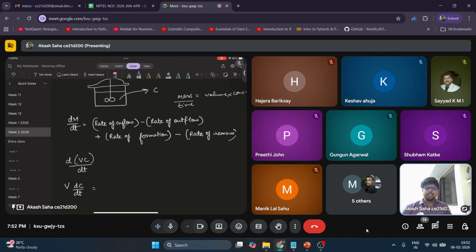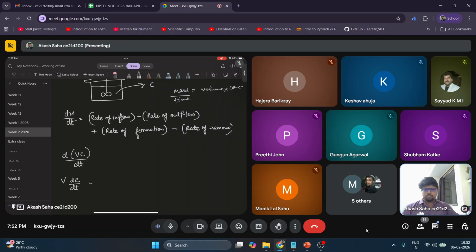Now, what is the rate of inflow? Generally we write the rate of inflow as Q in into C in, that is discharge in into C in. But in the batch reactor it will be zero because there is no Q in, so we will cancel it later. Then the rate of outflow will be Q out into C out. Now the rate of formation minus the rate of removal is volume into the rate of removal.